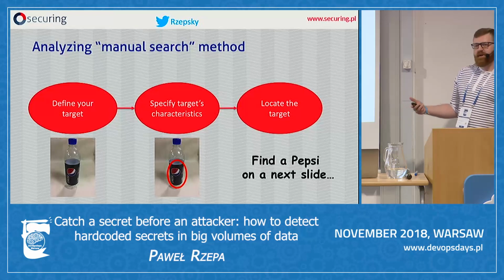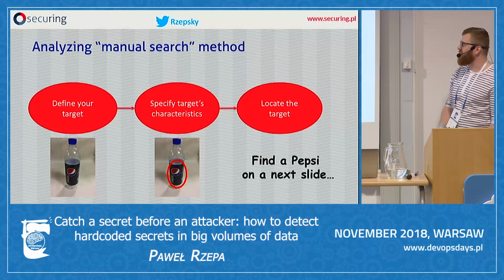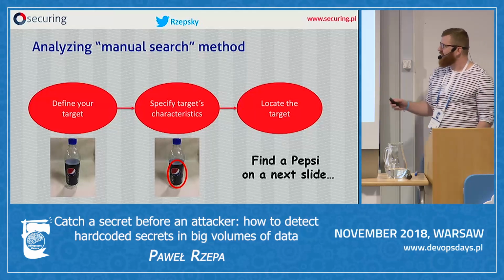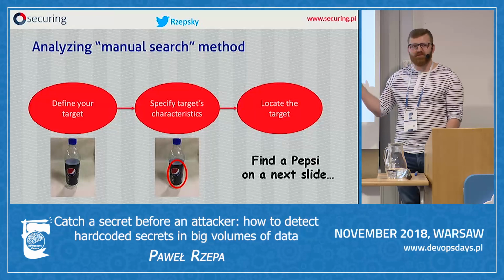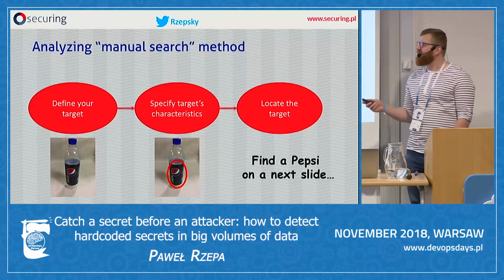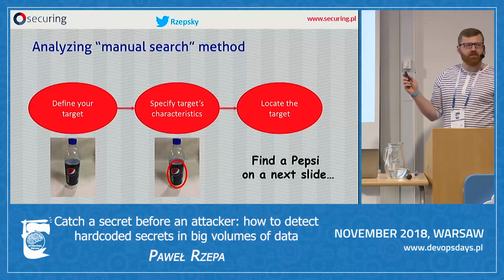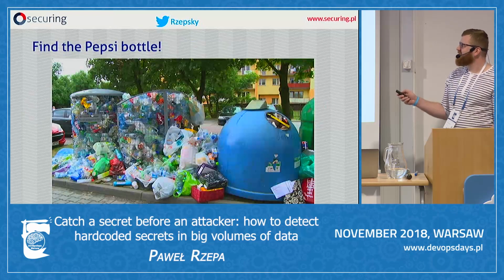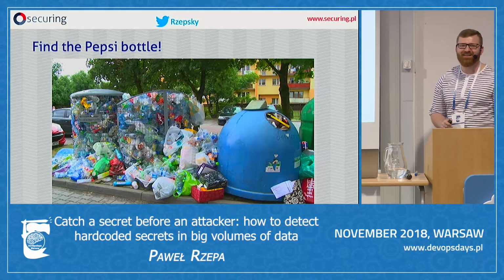And then you are able to find it. So let's play a game, and I will show you a picture, and then you will try to find the empty Pepsi bottle. Are you ready? 3, 2, 1. Where is the empty Pepsi bottle?